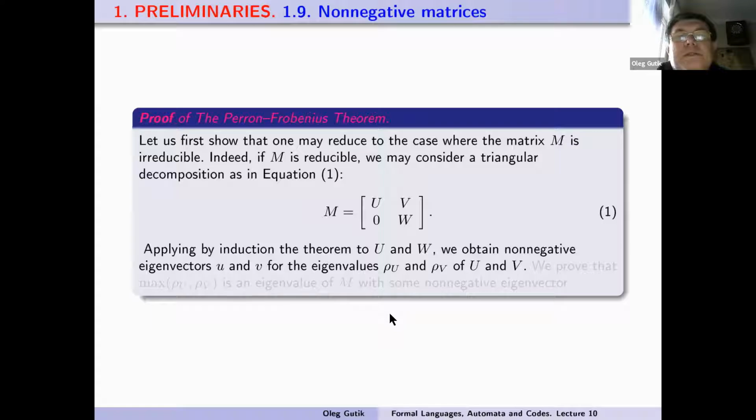Applying the theorem by induction to U and V, we obtain non-negative eigenvectors U and V for the eigenvalues rho(U) and rho(V) of the matrices U and V. We prove that the maximum of these eigenvalues is an eigenvalue of the matrix M with some non-negative eigenvector.